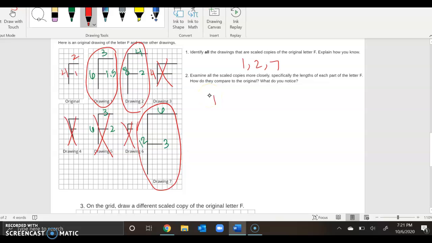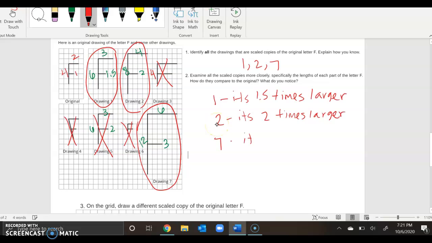Okay, for drawing 1, it's 1.5 times larger than the original because I multiplied all sides by 1.5. Drawing 2 is 2 times larger than the original because I multiplied all sides by 2.